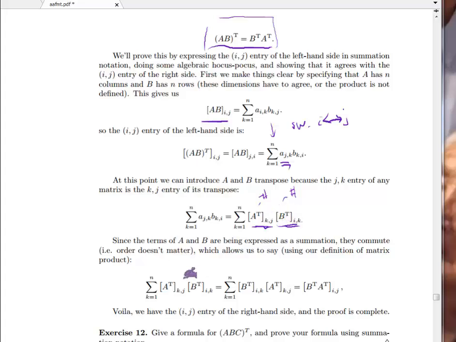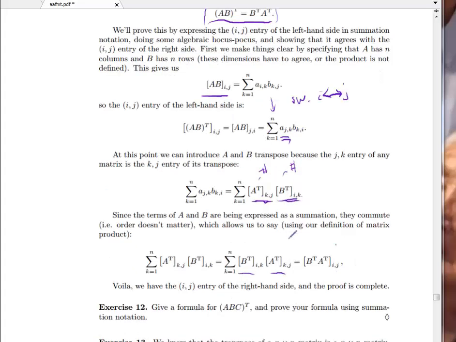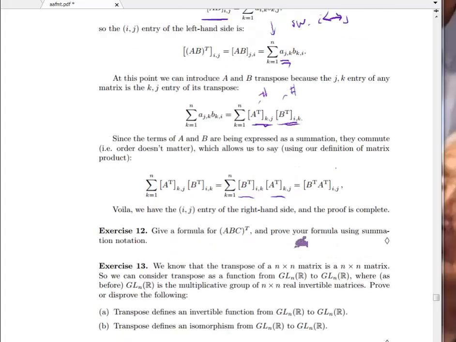If I reverse the order of these two factors within the sum, I now get a summation that looks like a matrix multiplication. And in fact, this result is the ij entry of B transpose A transpose. Okay, so that's a way to prove transpose identities using summation notation.